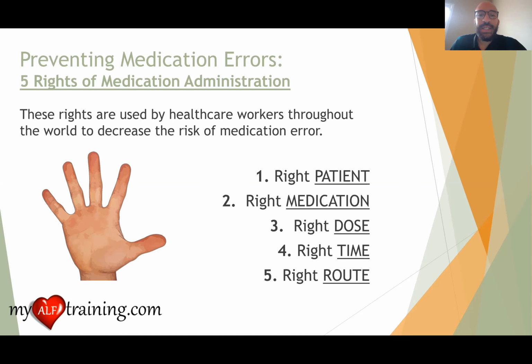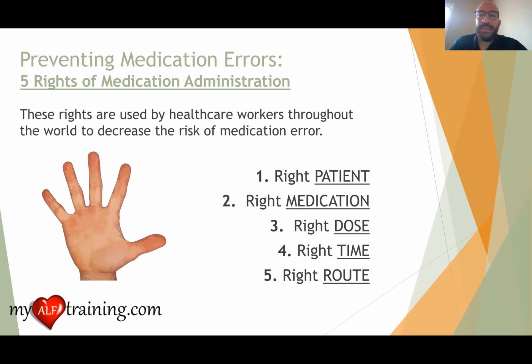Now, I didn't think of any cool acronym for that, but you can think of something cool or something easy to remember and use that in your practice, to help you make better decisions that will decrease medication errors in your practice. And these are the 5 rights of medication administration.